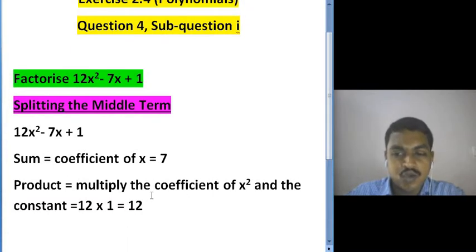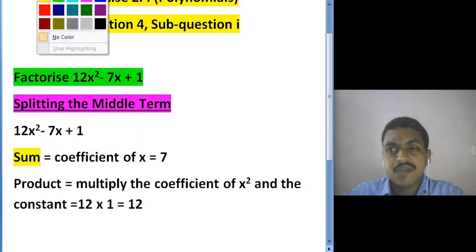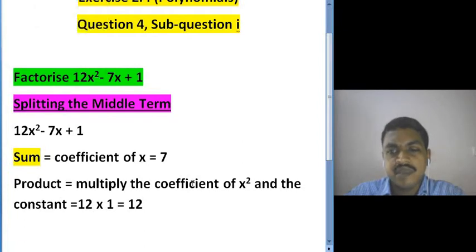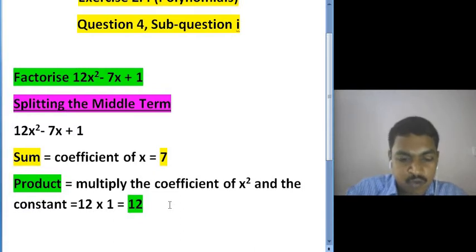So we have got two terms now defined: your sum, which is equal to 7, and your product, which is equal to 12. It is fairly easy from now on.